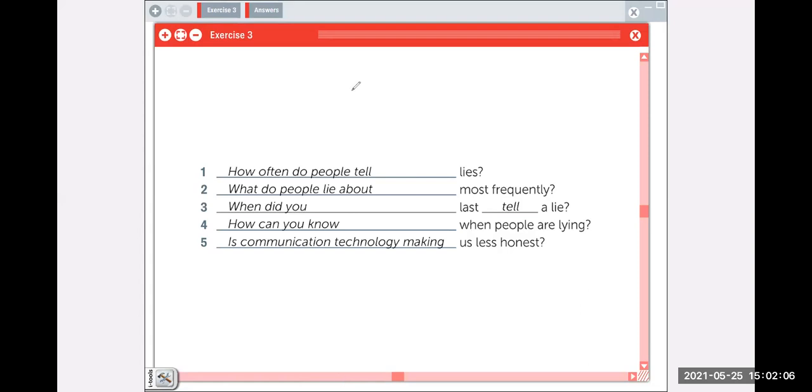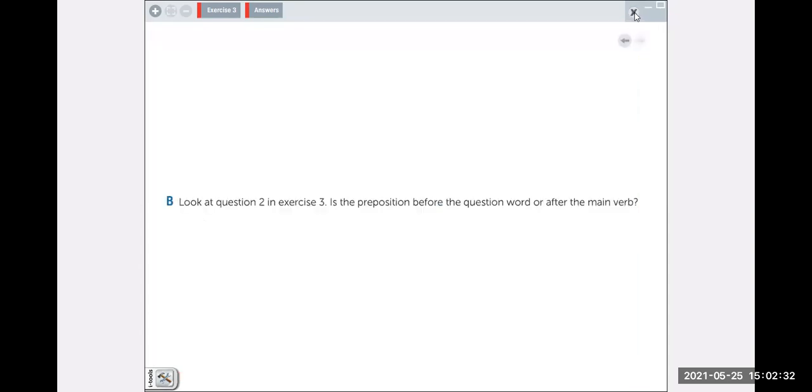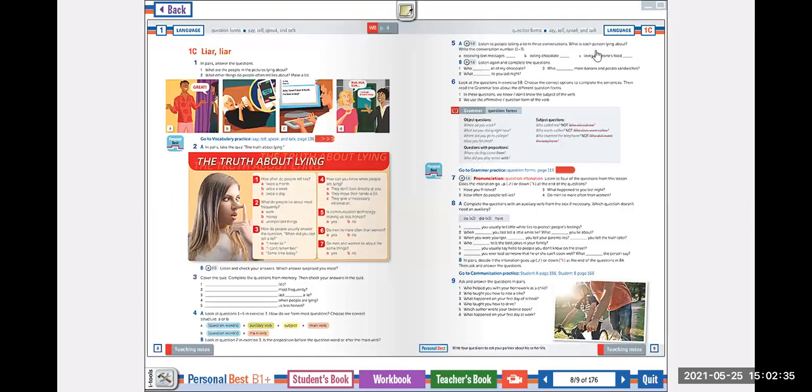About, very good. So about is after the main verb or before the auxiliary verb? What do you think? After the main verb, right? Very good. So remember, the preposition goes after the main verb. Let's move to the next part.